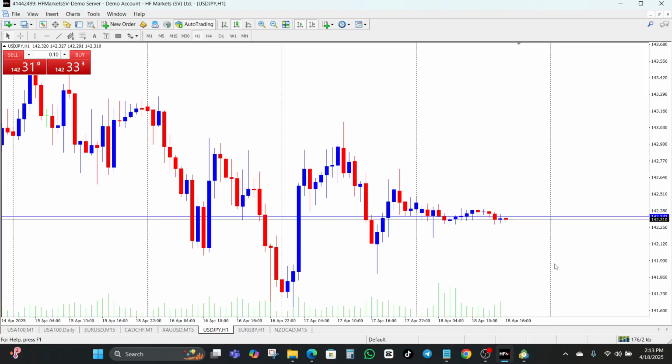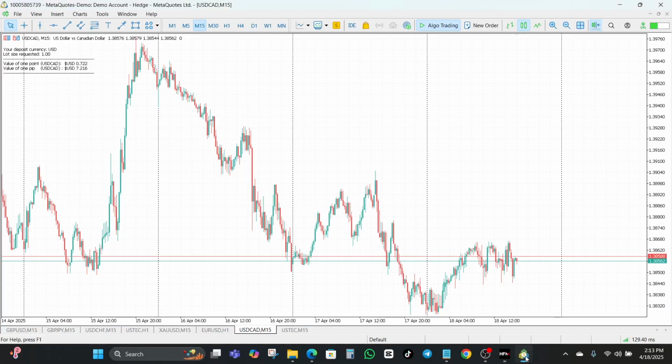Now let's just start with the basics. A lot size in Forex is the volume or quantity you trade. In MT4 and MT5, this directly affects how much money you are risking on each trade. Now, the standard lot size is 100,000 units.